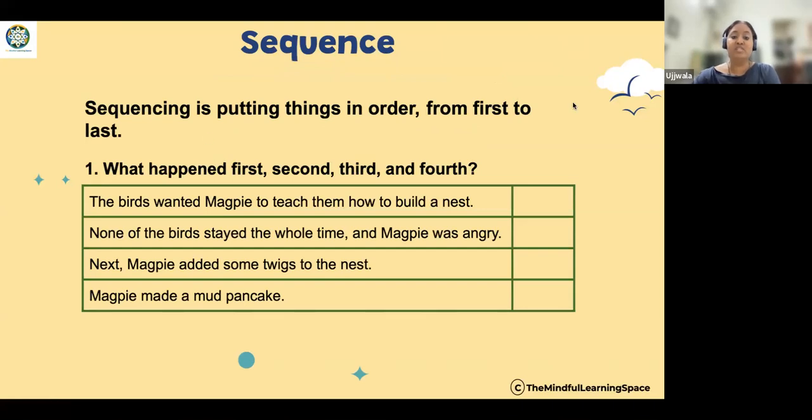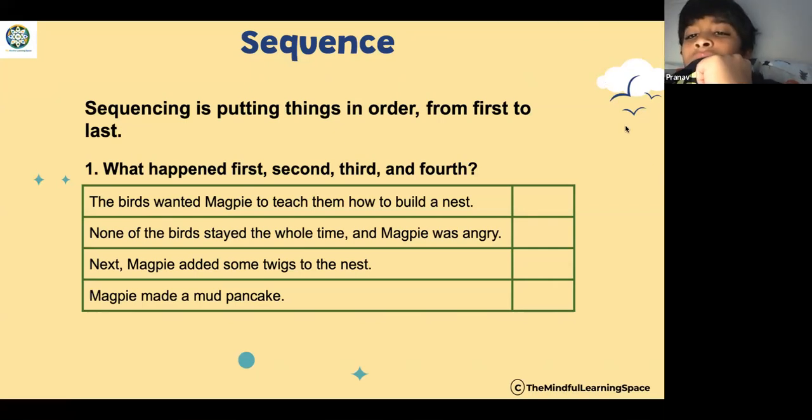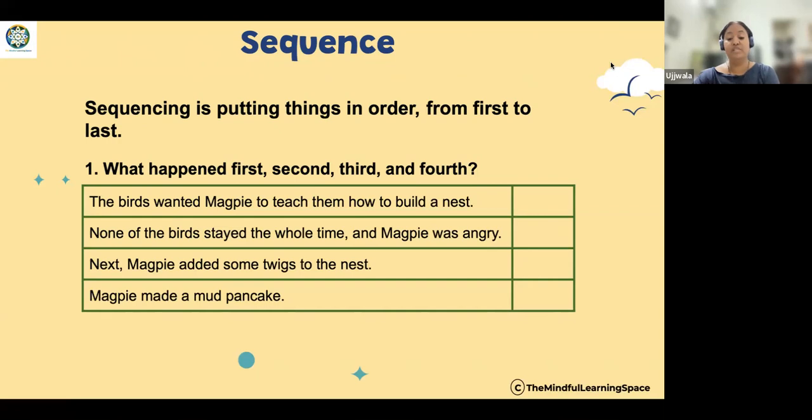Okay, sequences: putting things in order from first to last. We haven't read this one yet. So what happened first, second, third, fourth? Imagine it's a story. The birds wanted Magpie to teach them how to build a nest, or none of the birds stayed the whole time and Magpie was angry.